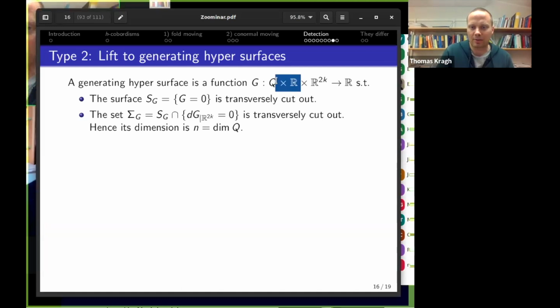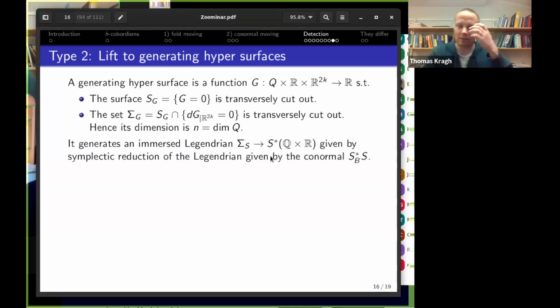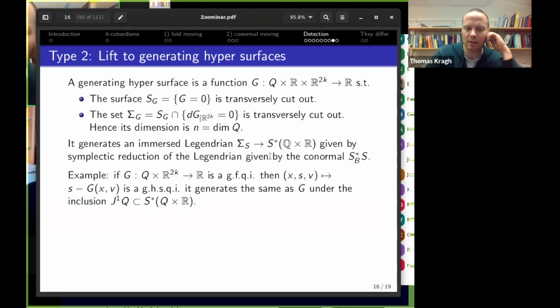But this new R that's put in here is not thought of as an auxiliary direction. In fact, you can put any manifold here instead of Q cross R. And this generates an immersed Lagrangian a lot in the same way as the Lagrangian case, the Jet1 case and generating functions. Don't have time to get into that.